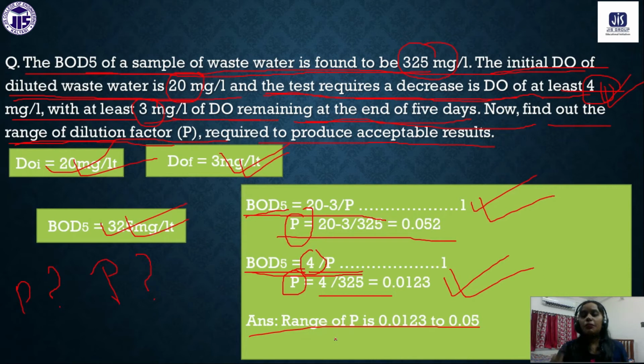If we practice again and again, only then can you understand why only the 4 value is given. Here 3 milligram per liter is also given, 4 milligram per liter is also given. Both are the final values.